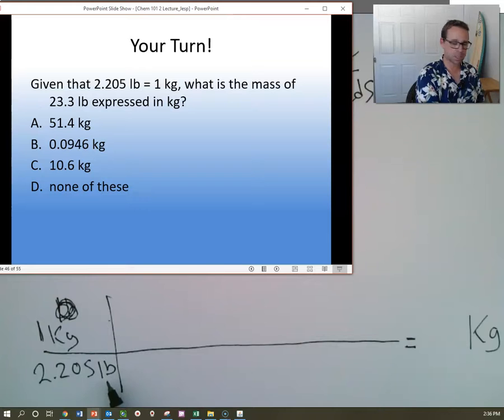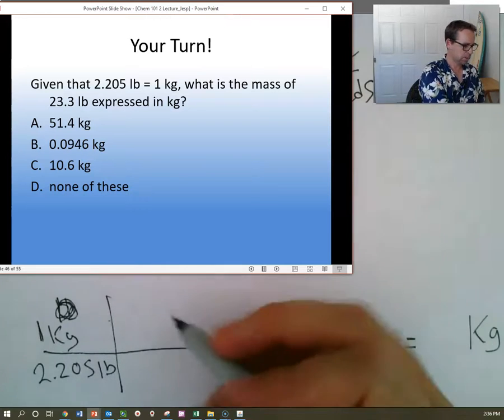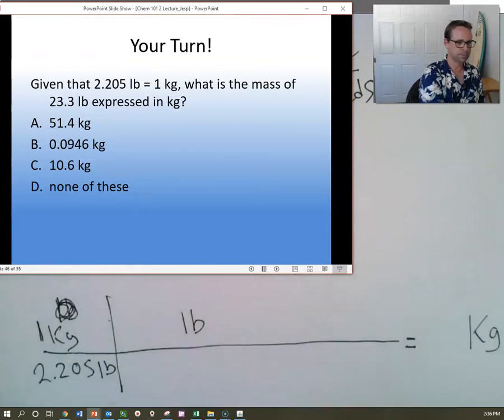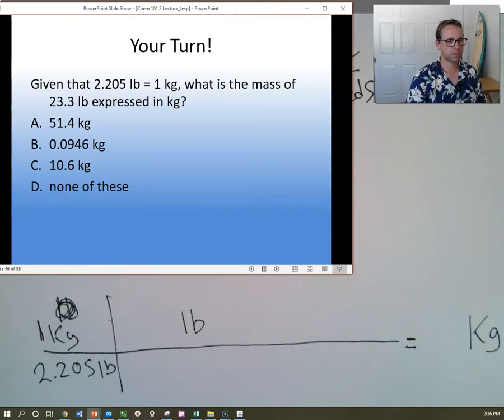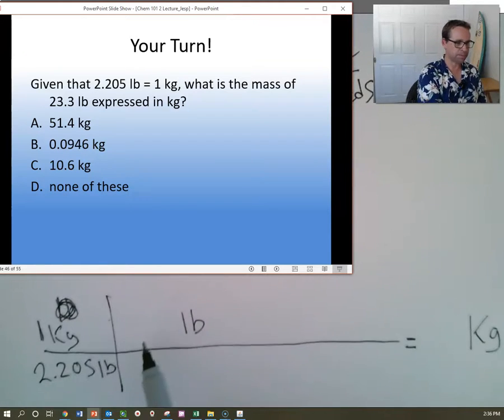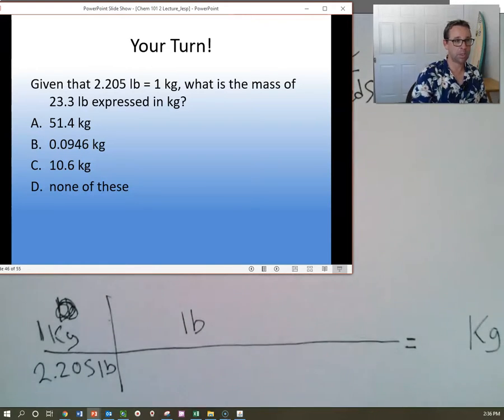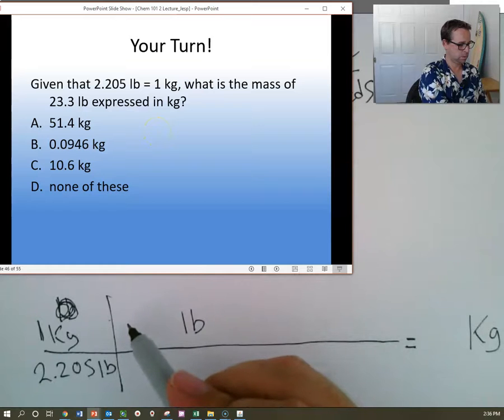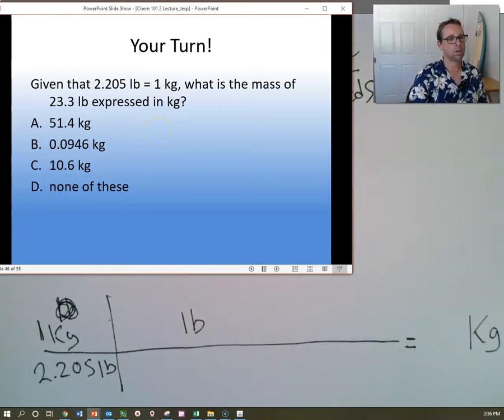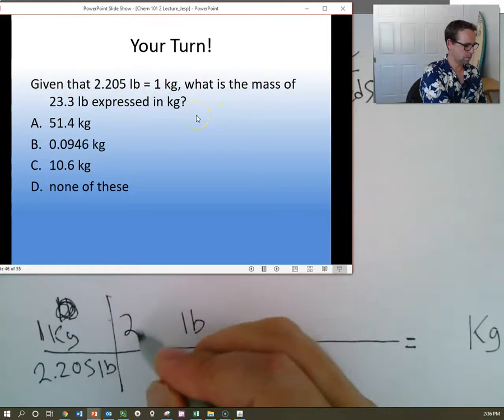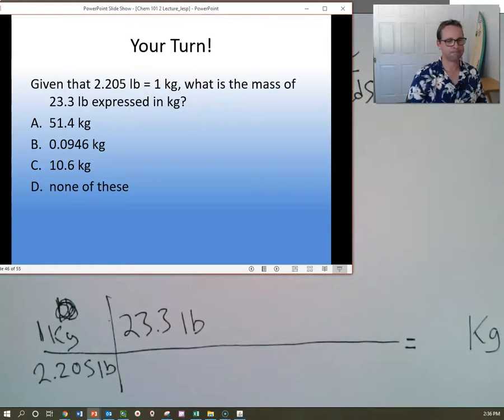So to get rid of something on the bottom, you need to have the pounds up on top. That's right. And what number would it be there? So that would be 1 pound. No, I'm sorry. It would be, so we look at the problem and it says 23.3 pounds. There you go. 23.3 pounds.